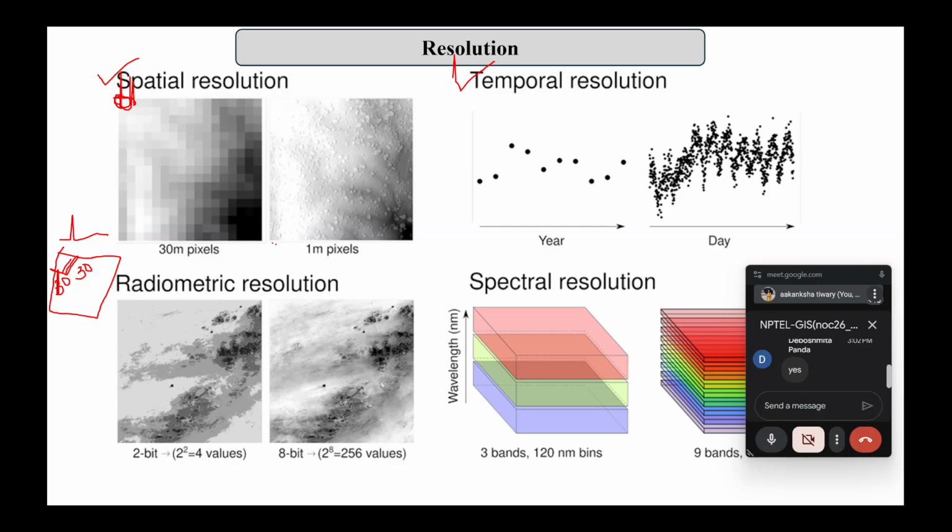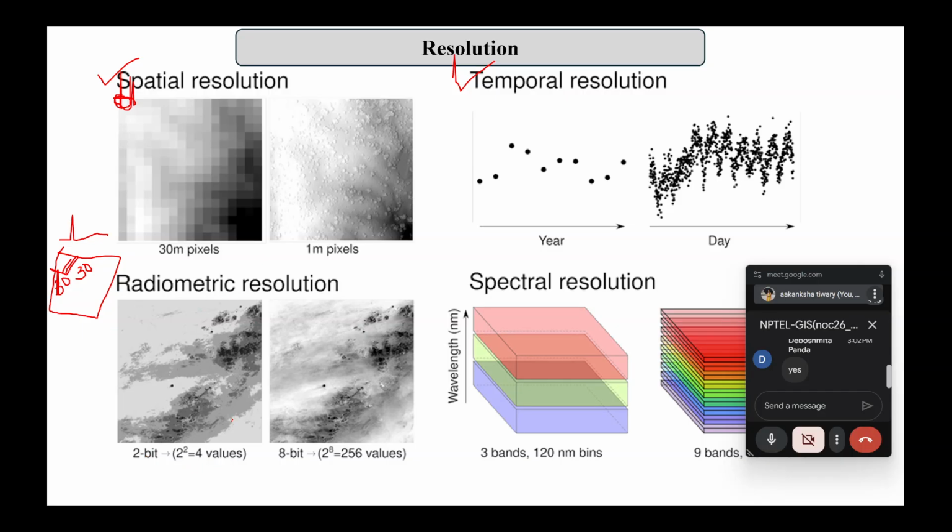Okay, so we'll move on to the third type of resolution, which is radiometric resolution. Radiometric resolution is dependent on the gray values that we have. You can think of them as different colors. Suppose you have a drawing and you only have 2-bit, which means 4 colors.